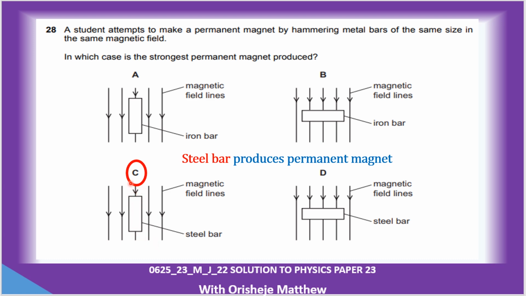That's the difference between C and D. So students, you should know that. Here, the magnetic field is parallel to the steel bar, but there it is perpendicular. So they are trying to test the difference between paramagnetic material and diamagnetic material. That's why C is the correct answer.